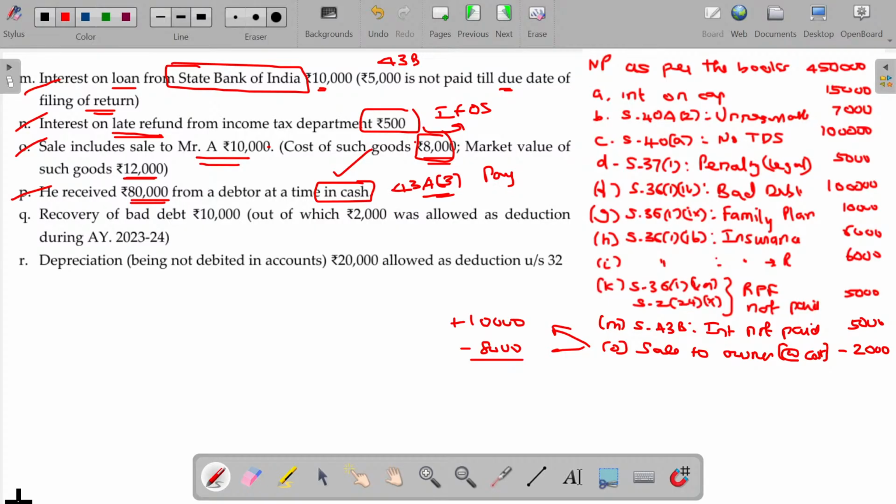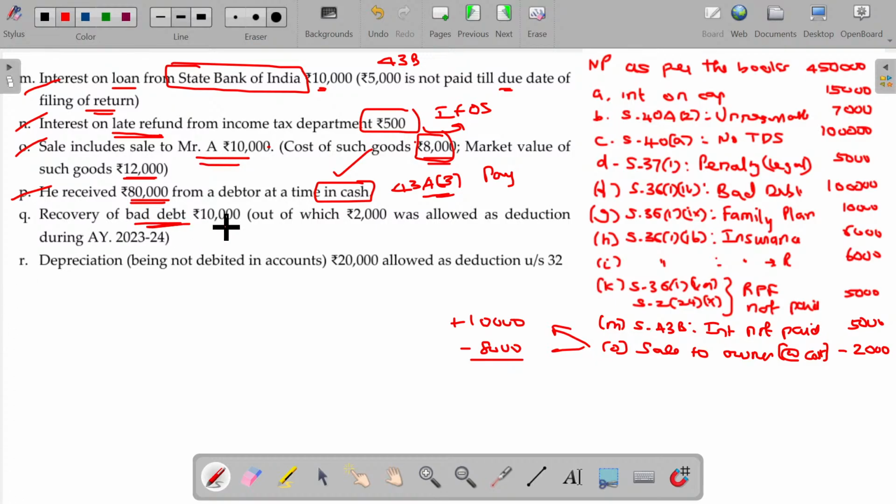Why? In case of payment disqualified, profit automatically rises, and you have to pay more tax. In case of revenue, if you are disqualifying, what happens? If revenue is reducing, you are paying lesser tax. Government will not allow you to pay lesser tax. In case of revenue, even if it is in the form of cash, it will be considered as revenue only. While making the payment, in case of excess payment more than 10,000 is disqualified.